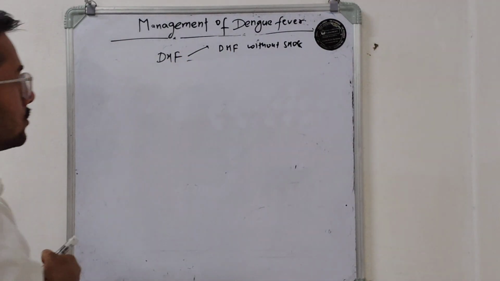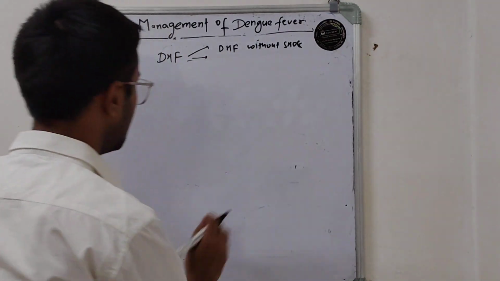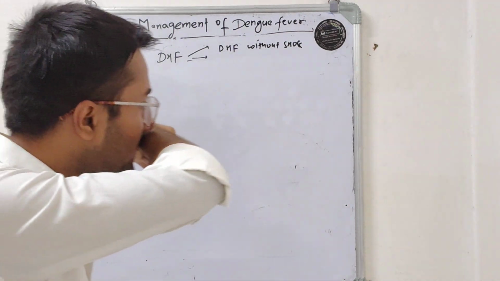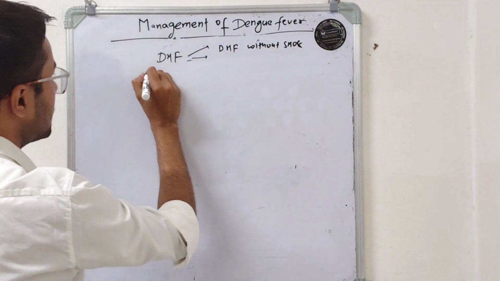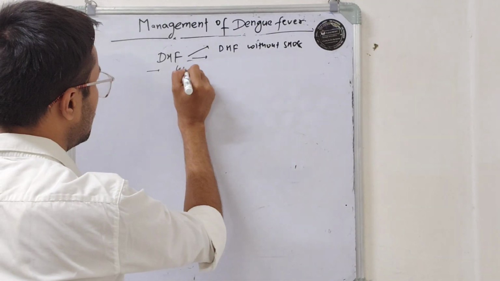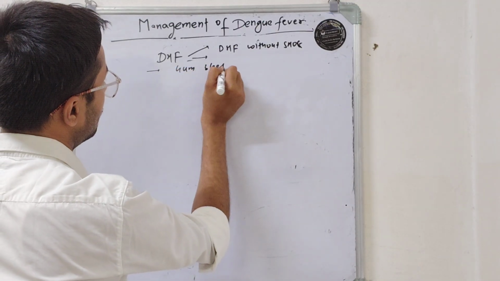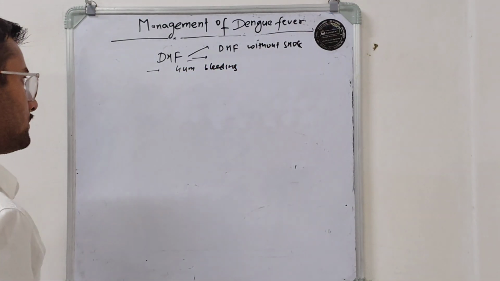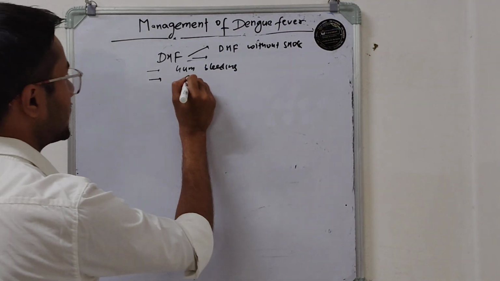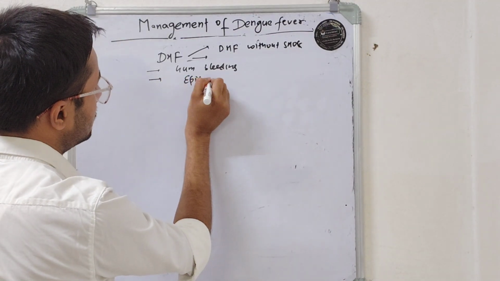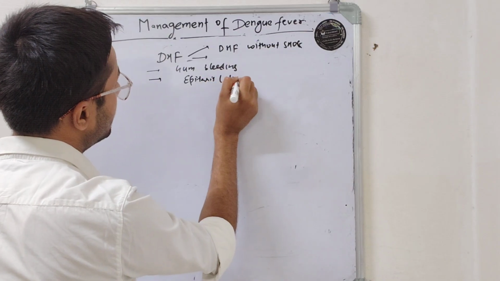Okay. So how do we find out a patient has dengue hemorrhagic fever without shock? One of the clinical findings is a patient complaining of gum bleeding or epistaxis. Epistaxis means nose bleeding.